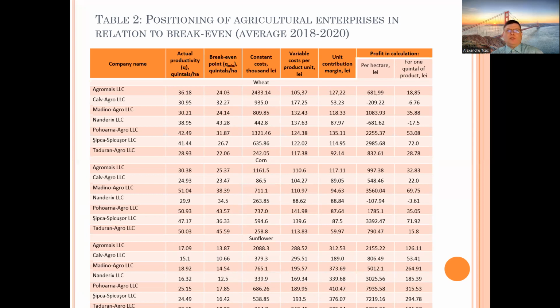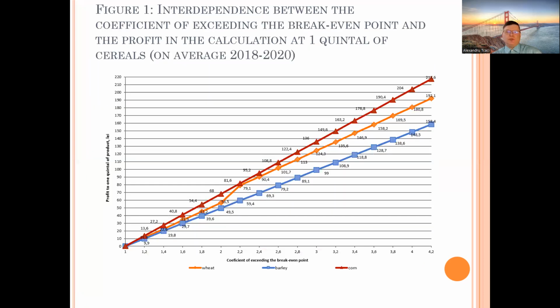Moreover, our investigations reveal that as the actual yields move away from the break-even point, the profit increases, and so does the profit per unit of product. The results suggesting the existence of a link between the coefficient of exceeding the break-even point and the profit per product unit can be viewed in figures 1 and 2.